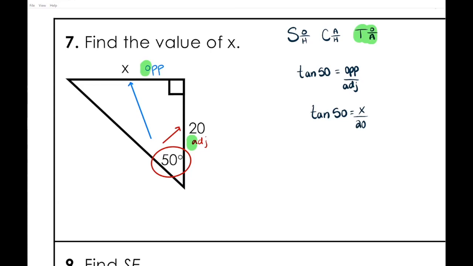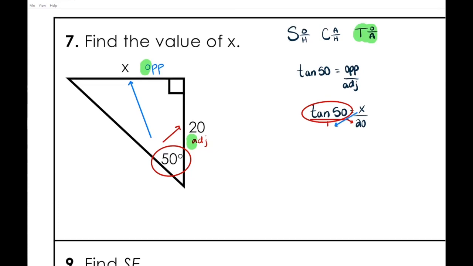Now, this is what we've been doing for the last, I don't know, 3 weeks, 4 weeks, solving proportions. What helps a lot of kids is they don't realize that this tangent of 50 is kind of understood to be over a 1. Now you can see your proportion. So what we're going to do is take the tangent of 50 and cross multiply it to 20. And then we're going to take our x and cross multiply it to the 1.